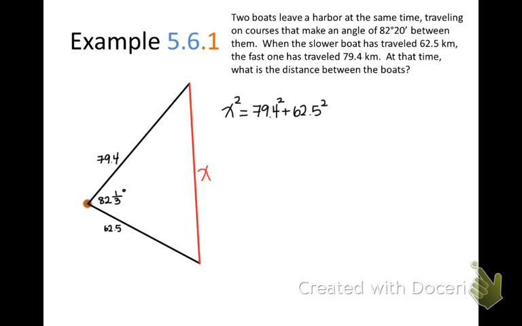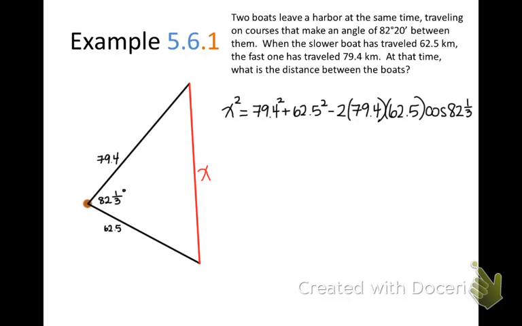But since that's not a perfect right triangle, I can't actually use Pythagorean theorem, so what do I have to add on to this? Right, minus 2 times each of those things, the 79.4 not squared times the 62.5 not squared, and then times cosine of 82 1/3 degrees, right?